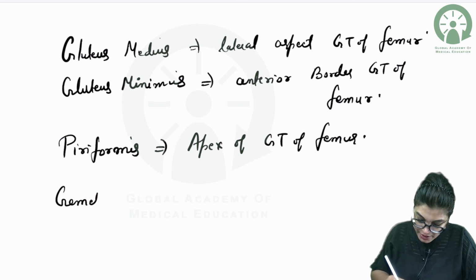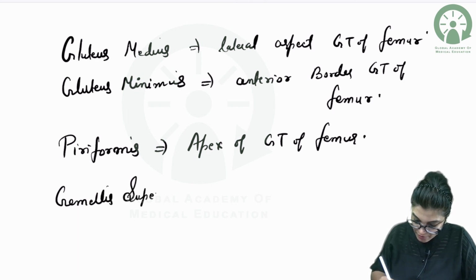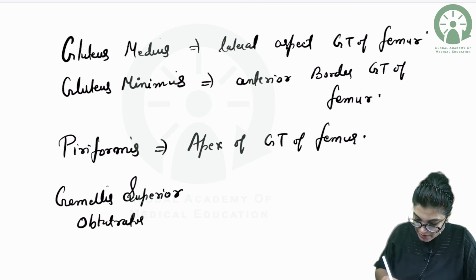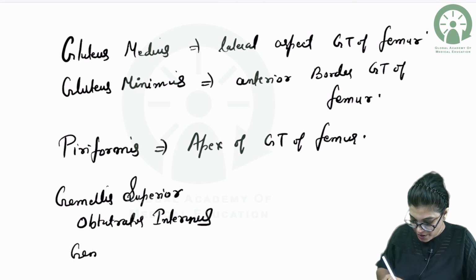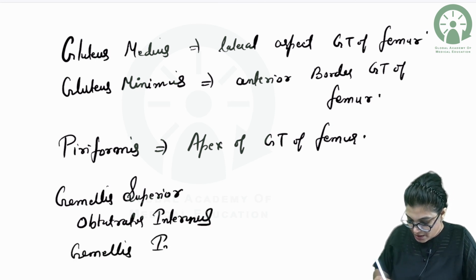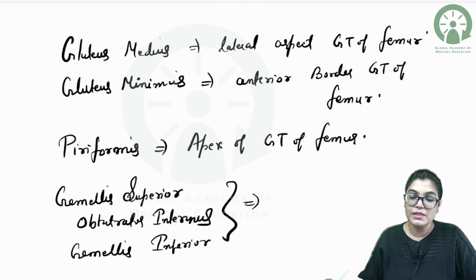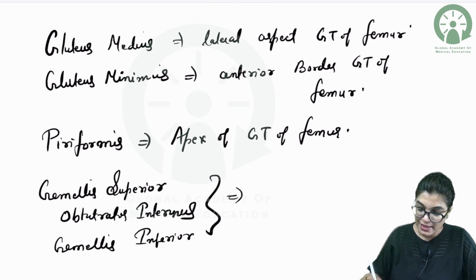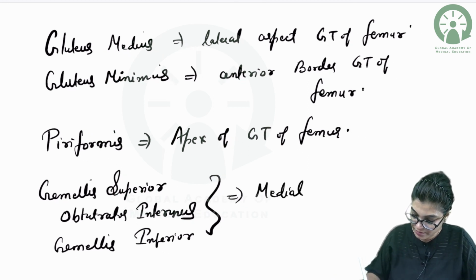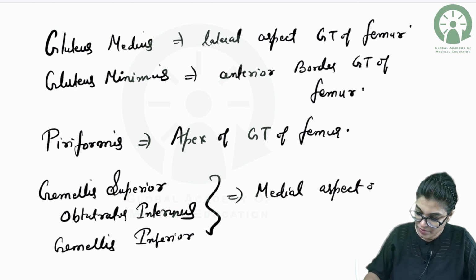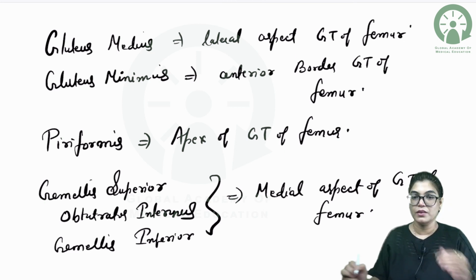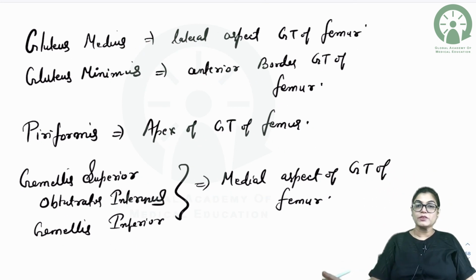Now, gemellus superior, obturator internus and gemellus inferior. These three muscles together insert onto the medial aspect of greater trochanter of femur.